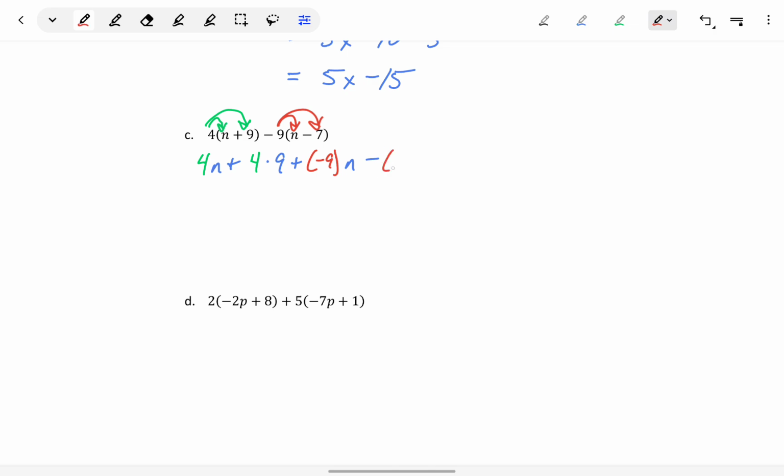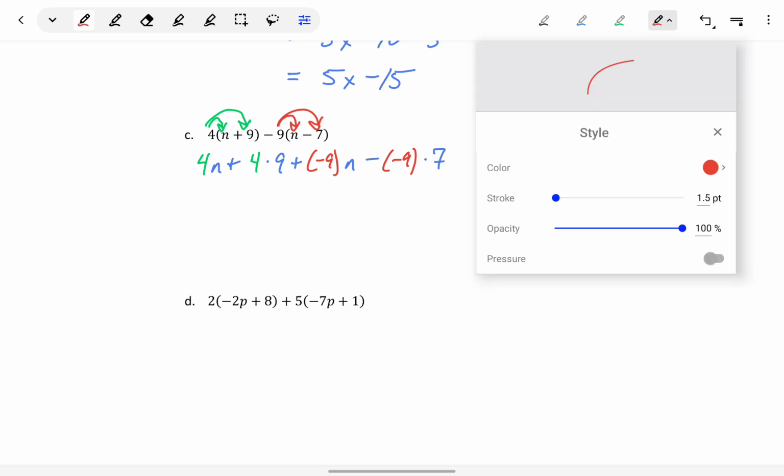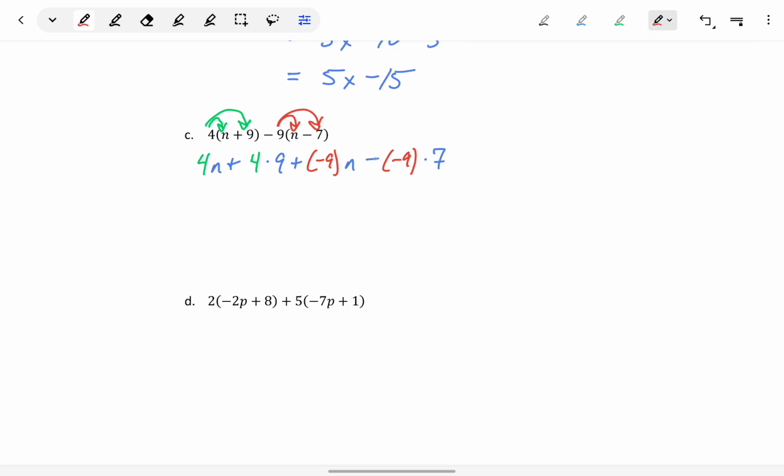minus -9 times 7. Minus -9n cancels out to make that positive, so we'll end up with 4n plus 36 minus 9n plus 63.